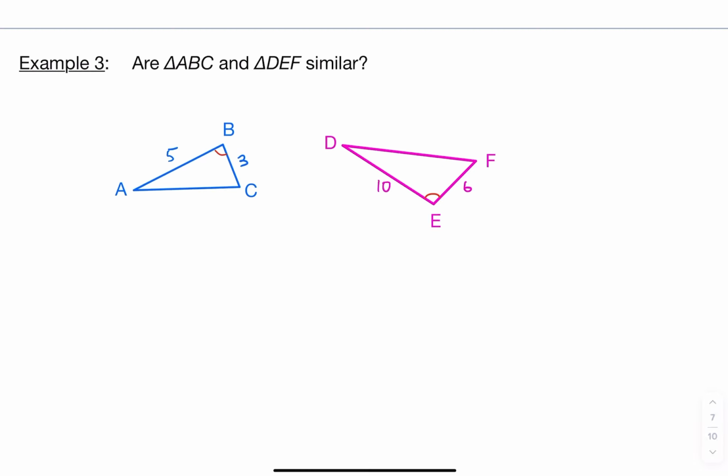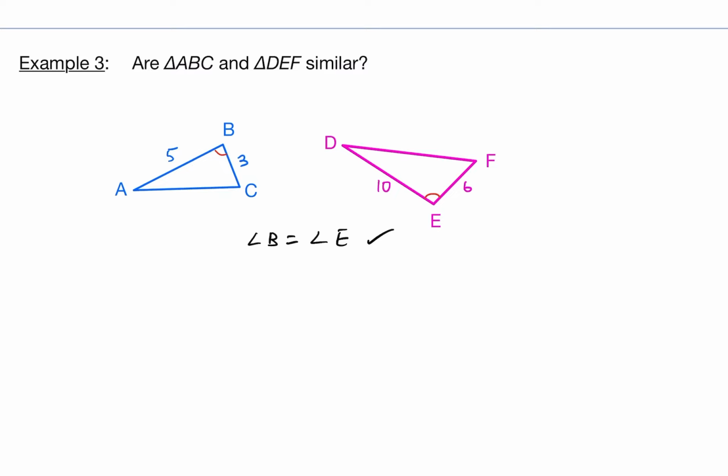So here the question is, is triangle ABC similar to triangle DEF? Well, we have angle B and angle E equal to each other. So we would say that angle B is equal to angle E. So that's the first requirement done.